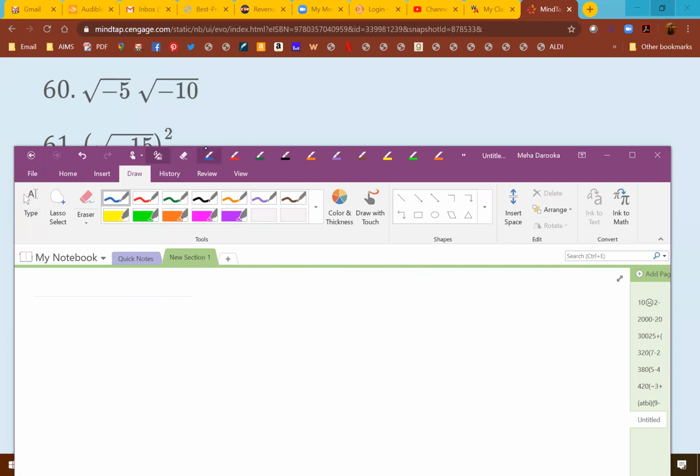So you are multiplying square root of -5 with square root of -10. So before we multiply, we actually want to convert these into complex numbers, which means you want to bring that negative sign outside. So what will we rewrite each of these numbers as?